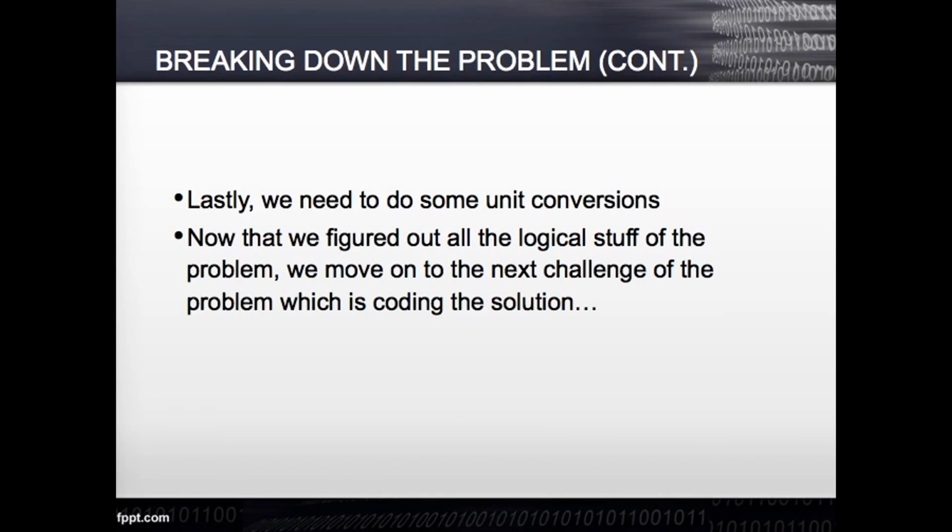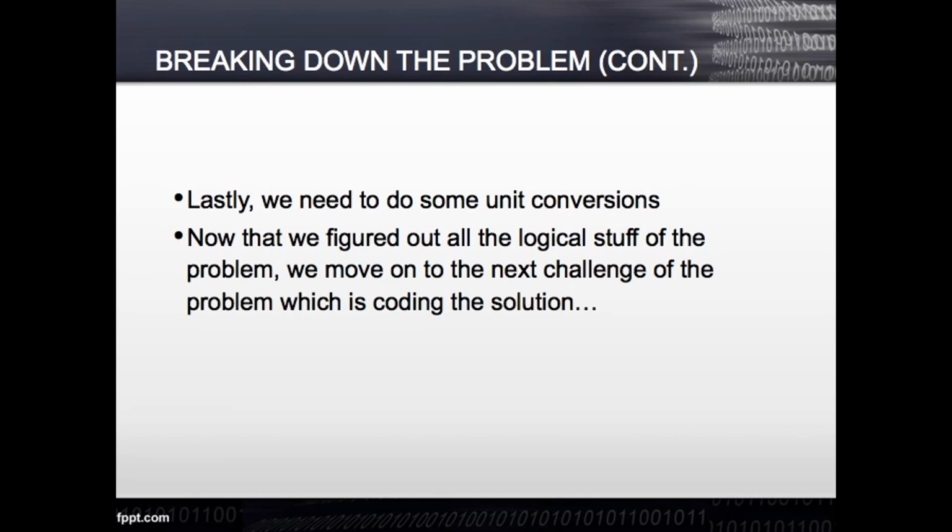Next, we must figure out how to convert from inches to feet. The first unit conversion we must do is convert from millimeters to inches. Then we need to do the same check from the previous slide, but instead of subtracting and multiplying, we just need to divide the result by 12 inches, and we get our measurement in feet.